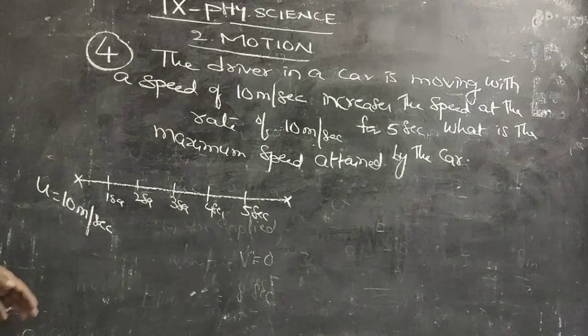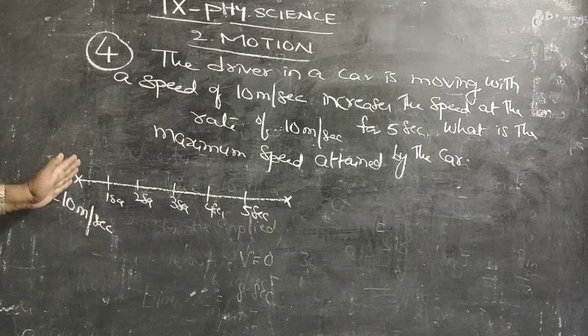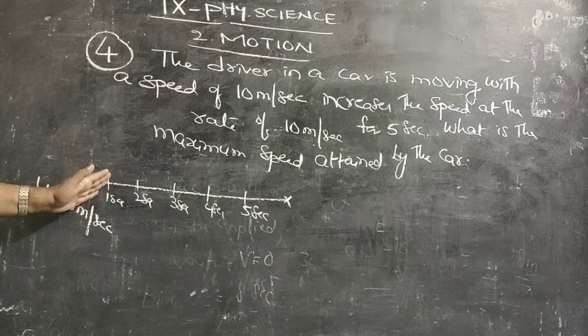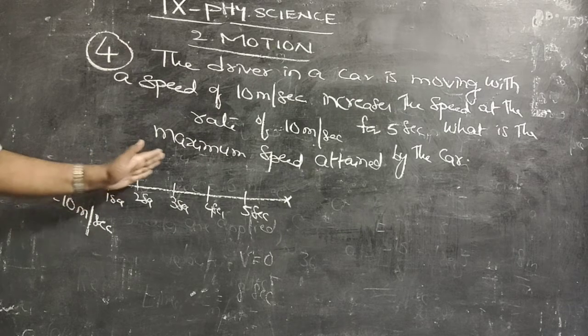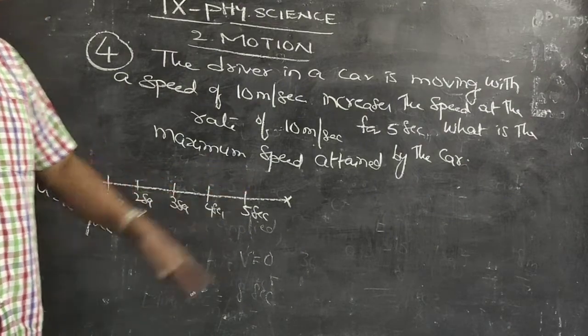Now what he is doing is the driver is increasing the speed at the rate of 10 meters per second for 5 seconds. For every 1 second he is increasing the speed by 10 meters per second. First 10, after 1 second it will become 20, next 30, next 40, next 50. Finally, after 5 seconds, what is the speed?